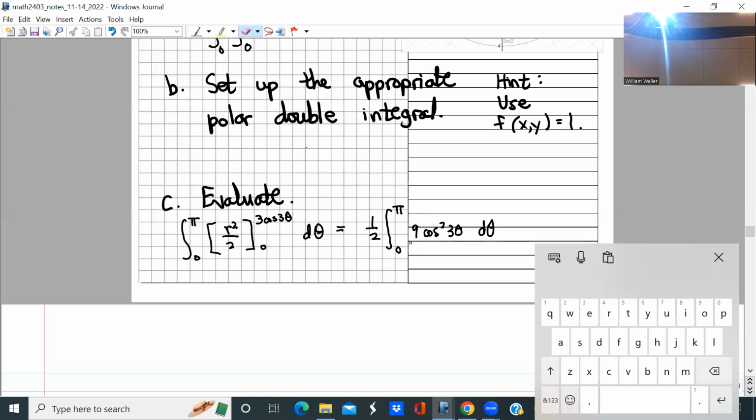Well, the 9 is annoying also, so we can factor that in front. So it looks like we're going to have 9/2 here in front, right? And then we have to find this antiderivative for cosine squared of 3 theta.